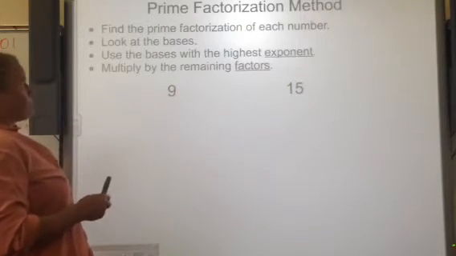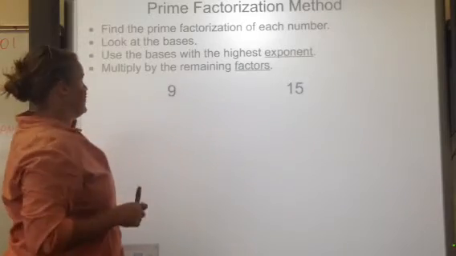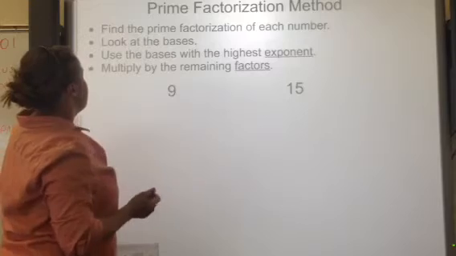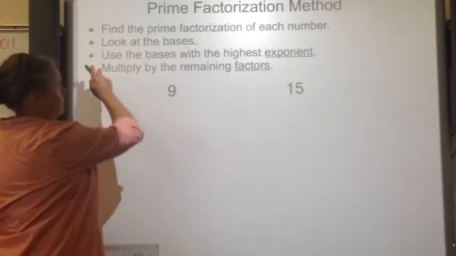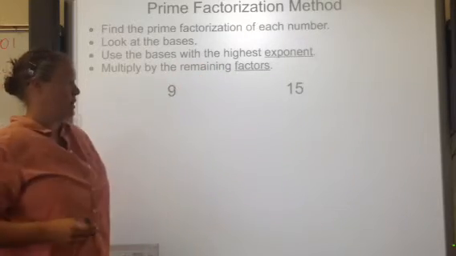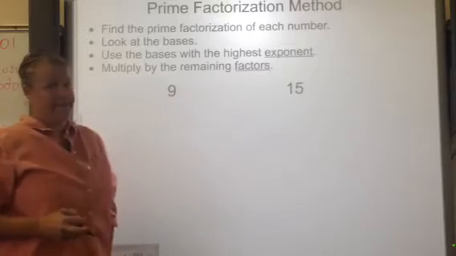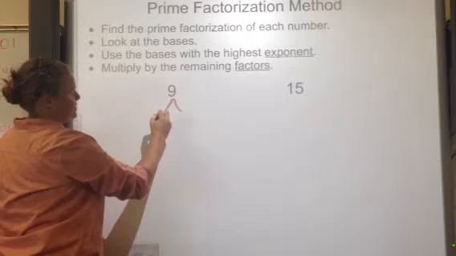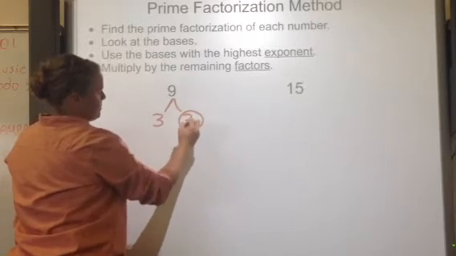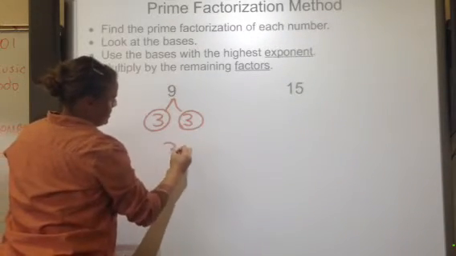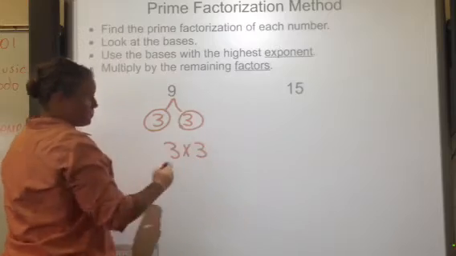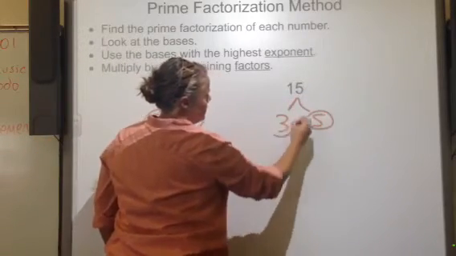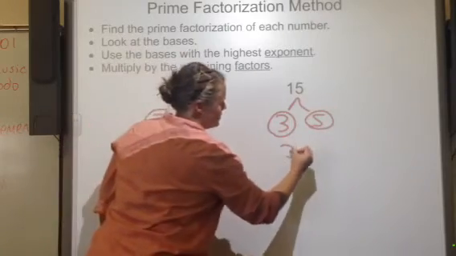So right now, for the prime factorization, we're going to prime factor each of these numbers, 9 and 15, and we're going to look at the bases and use the bases with the highest exponent, multiply by the remaining factors. So what that looks like is you take your numbers, factor them out until they're prime numbers. So I've got 3 times 3, and then I've got 15, and already we're in prime numbers.